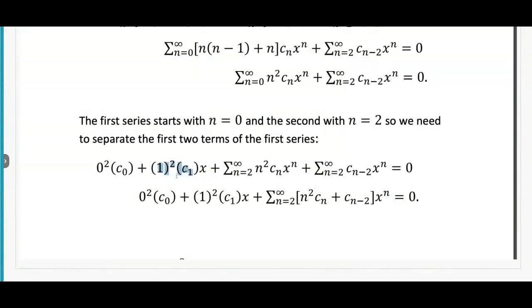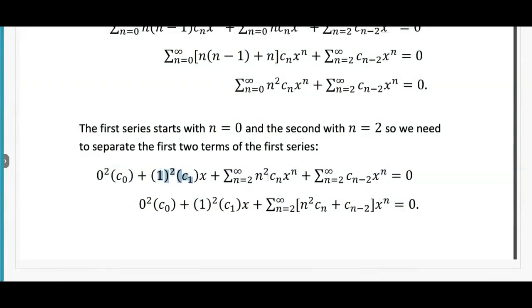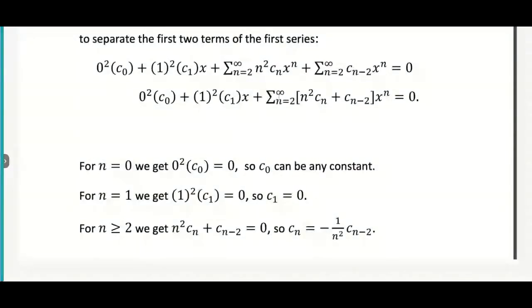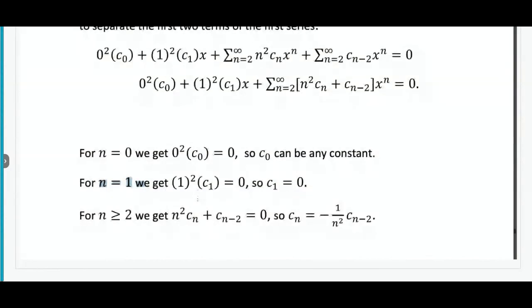The first term, n equals 1. And starting with the 2. So this is gone. This one is just C1 times x, and this one. So two special cases, right?